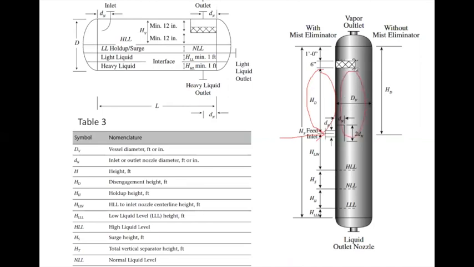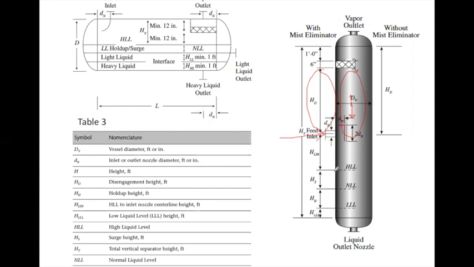You have a liquid droplet which is moving upward because of drag by the gas. As I discussed, when the velocity of gas is less than the terminal velocity, then the separation is going to occur, and the liquid particle will settle and go down, right? And this is the inlet diverter, or sometimes baffle also.